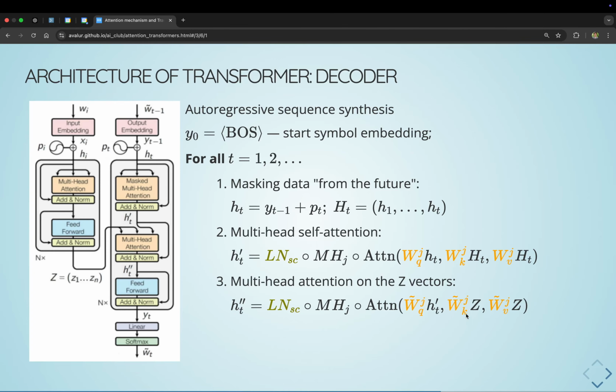It means that we look at the information in our English sentence and using it want to translate, to generate a new word in French, from H prime.